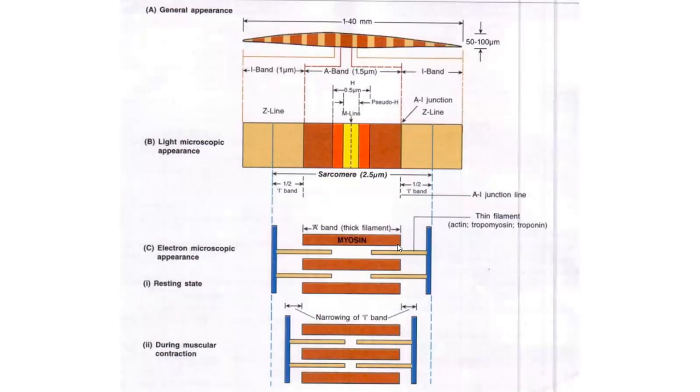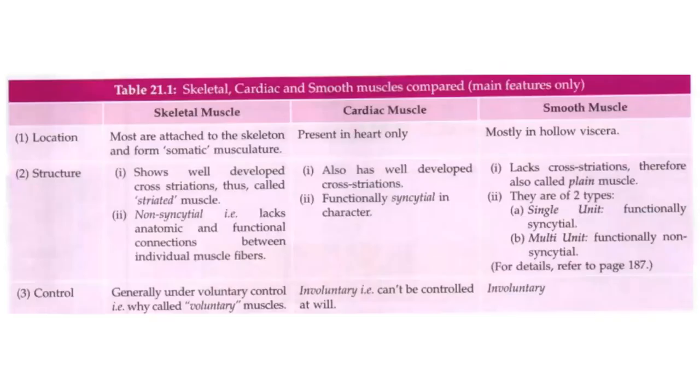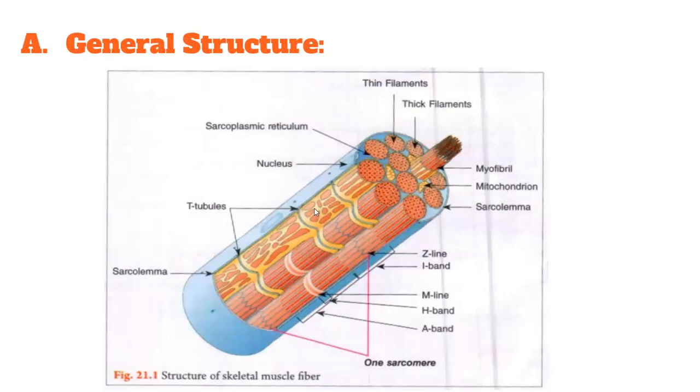So for each myofibril, at the junction of A and I, the sarcolemma takes a turn and forms a tubule. And simultaneously, it connects with the sarcoplasmic reticulum. I will show you. This is the sarcotubular system, present between the A and I band.